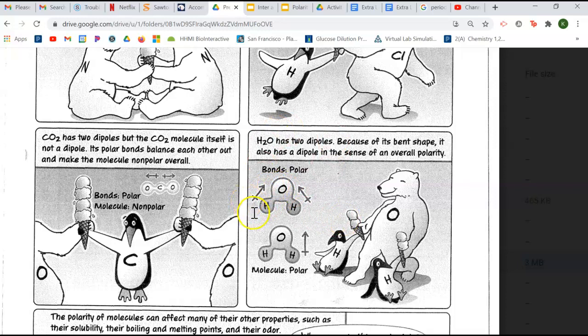And you notice that water has a polar bond. The hydrogen is more positive than the oxygen, and so the electrons are moving towards the oxygen. However, these two vectors are not canceling out, and for that reason, you have a polar molecule. That means in this case that the oxygen is still pulling those electrons closer to it than the hydrogens, okay?